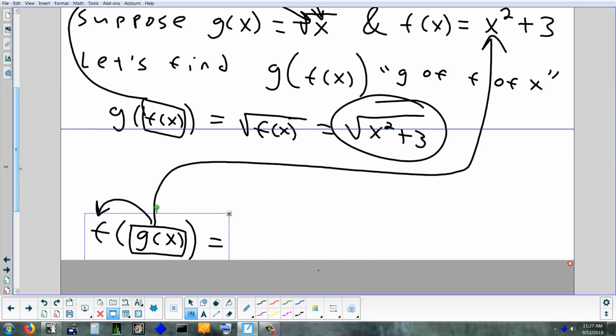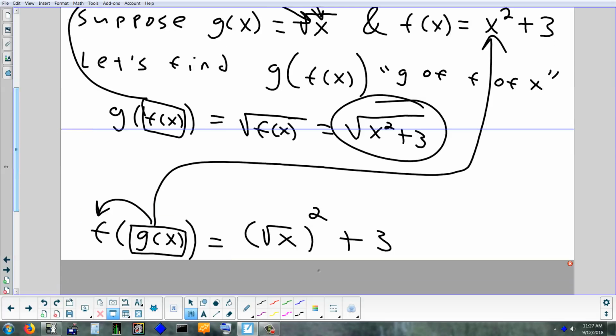So we're going to get that part. That's just function f. And now plug in g of x. Square root of x. Any questions on what I did there? So I plugged in g of x for the variable.